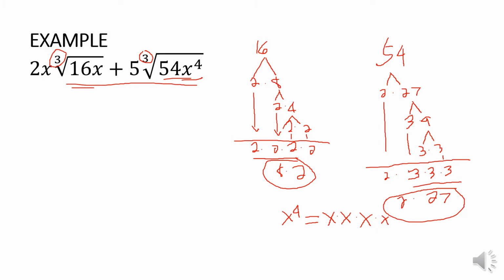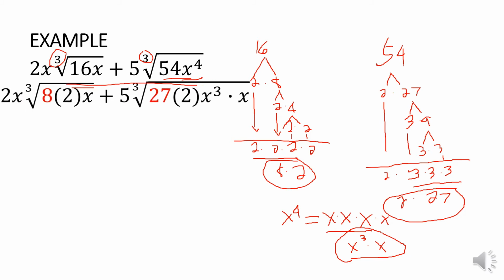So we will get 3 x's here. So x cubed is a perfect cube. So the factors of x to the fourth, in which one of the factors is a perfect cube, are x cubed times x. Okay, so here we go.